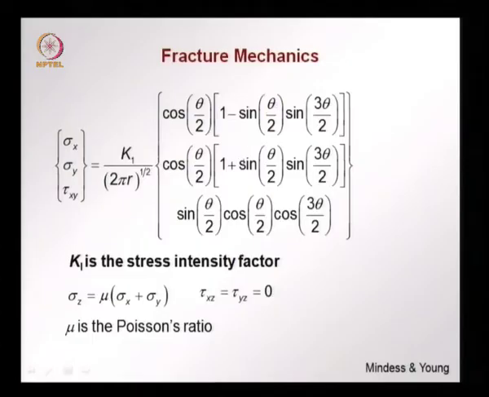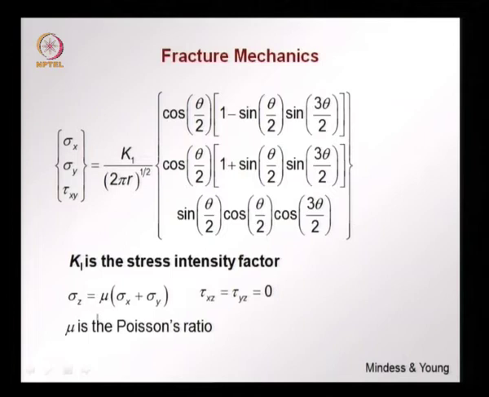And what we find here is, we have a term K1, K1 being the stress intensity factor, divided by 2 pi r to the power of 1/2, and here you see the term r to the power of minus 1/2 coming in for the stress singularity. As r becomes smaller, as we approach the crack tip, these values become larger and larger, and when r becomes 0, these stresses become infinite.